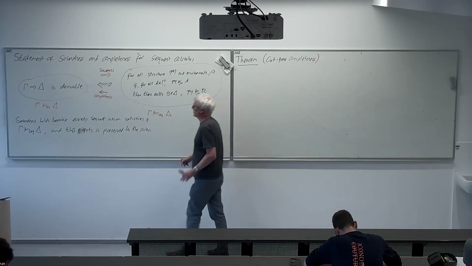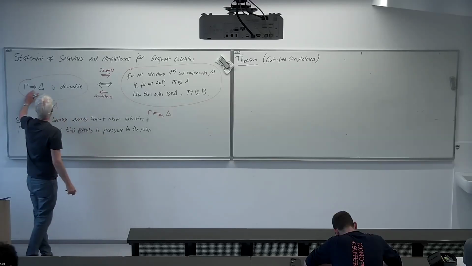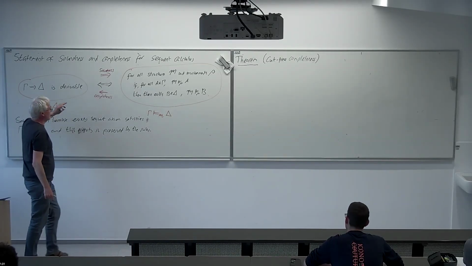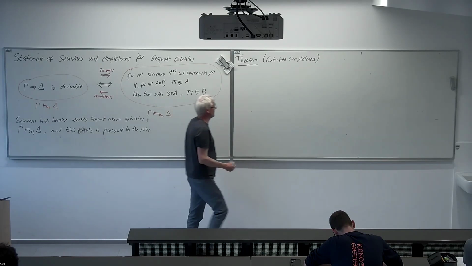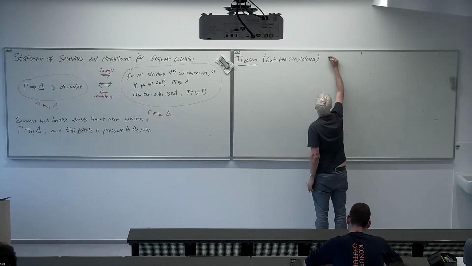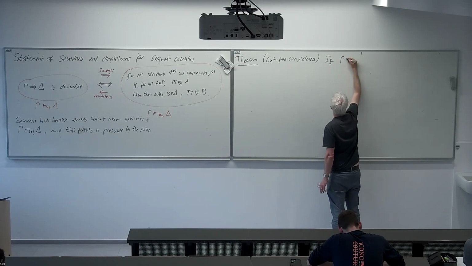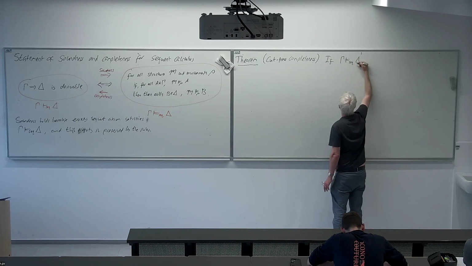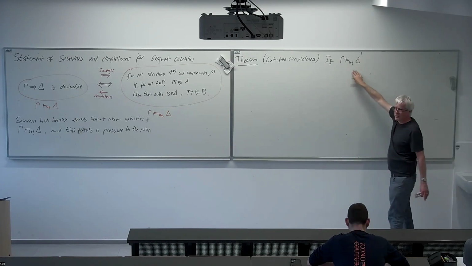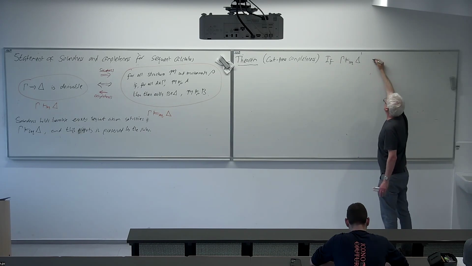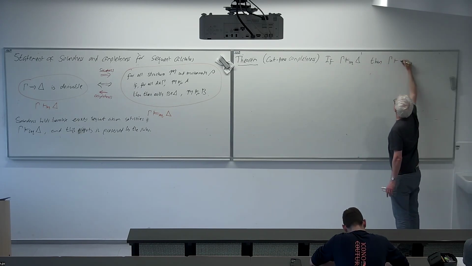And this says, if a sequent is valid, then the sequent is provable.